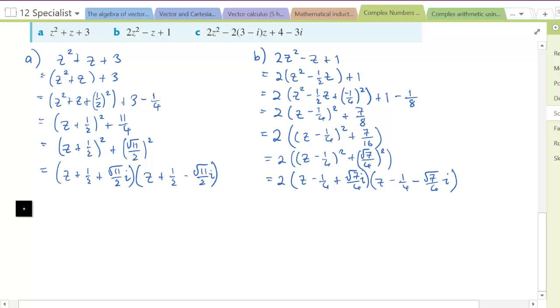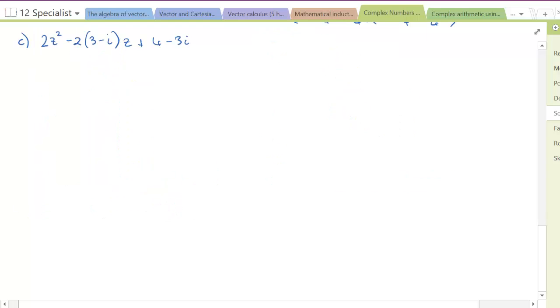Alright, now part C is quite complex. We've got 2z squared, take away 2 lots of (3 take i) z, and 4 take 3i. When we look at this problem, we're going to take the same approach. We've got 2 outside of z squared, take (3 take i) in the z. We have our 4 take 3i left outside.